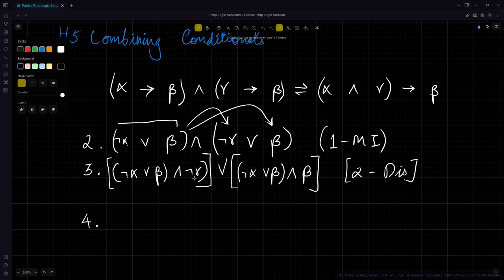Possible options. Yeah, distribution. Yeah, we could distribute again. If distributing again, it's going to get a bit crazy, but I'll use different colors for the brackets.